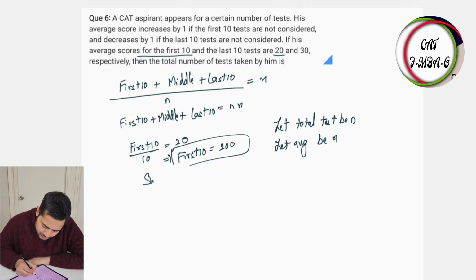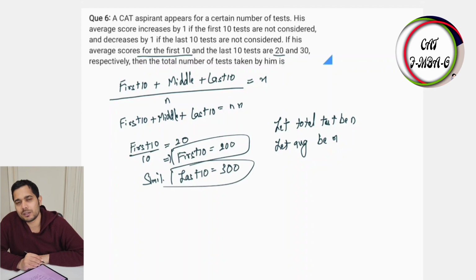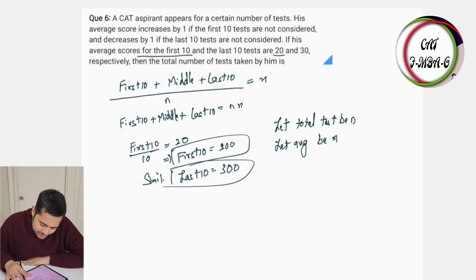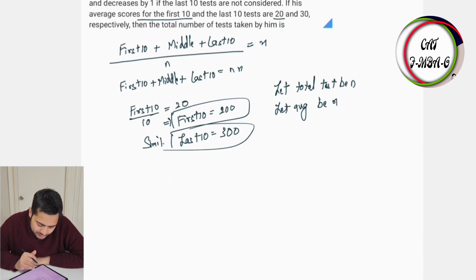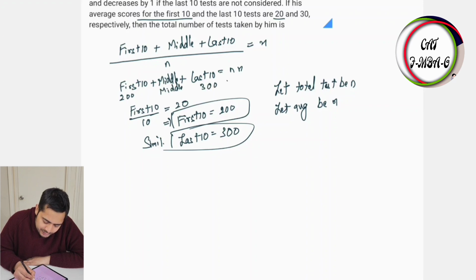Similarly, last 10 is equal to 300, because the last 10 average is given as 30. So you can put these in this equation. So first 10, 200, plus middle plus last 10, 300, is equal to nx.